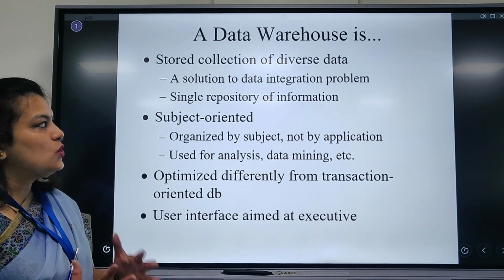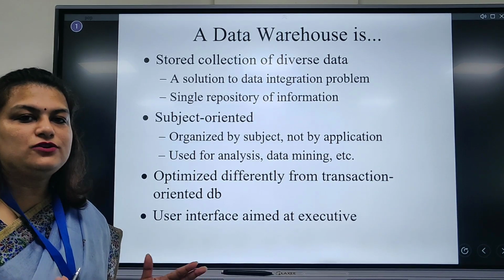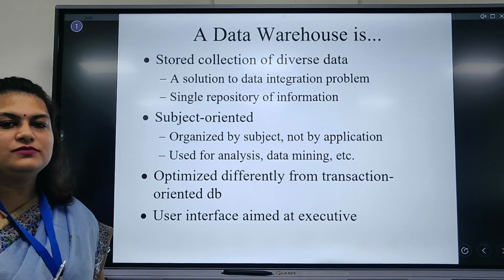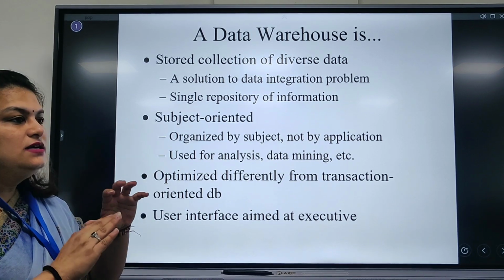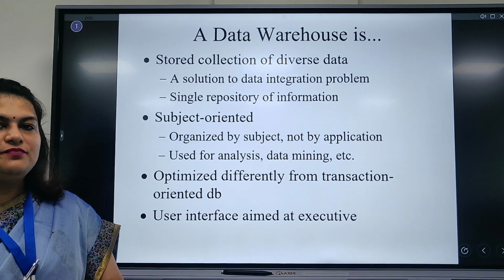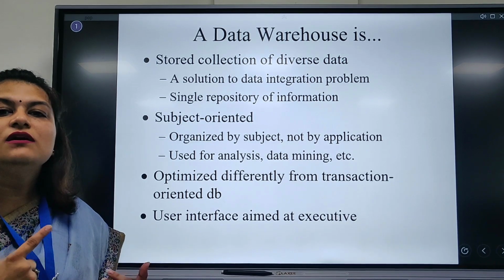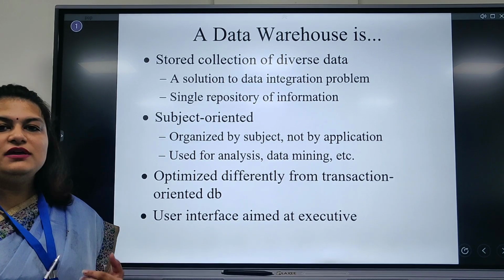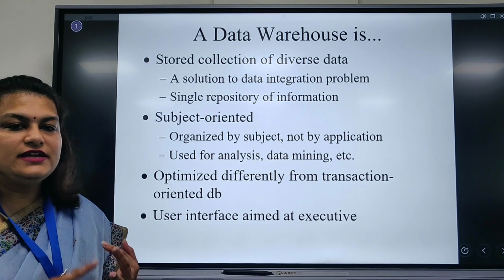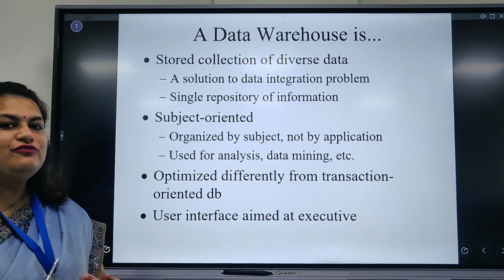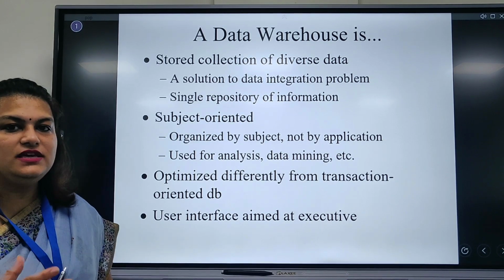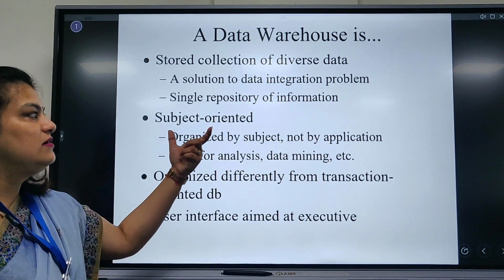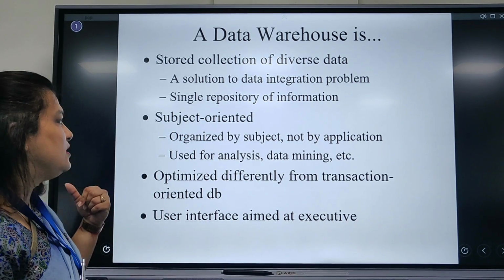It is the stored collection of diverse data, as I told in earlier slides. The different kinds of data, whatever the data may be, it may be scientific data, data from the internet, any display data, any personal data, every type of data which is provided by the source, it is integrated in the data warehouse.